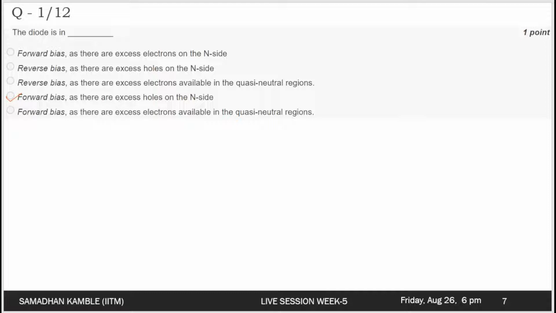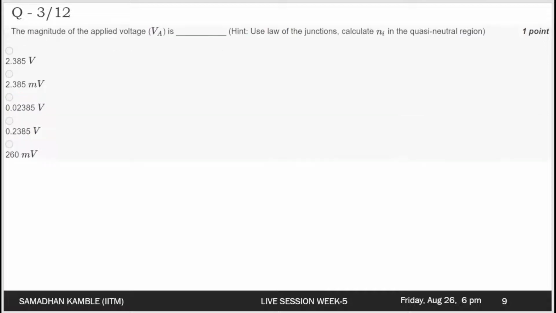So let us move to the last question based on the common data. The question is, the magnitude of the applied voltage, that is VA, is given by what value? The hint is we can use the law of the junction and calculate the Pn in the quasi-neutral region. The law of the junction, as I have shown in the summary slides as well, I'll just write out here.